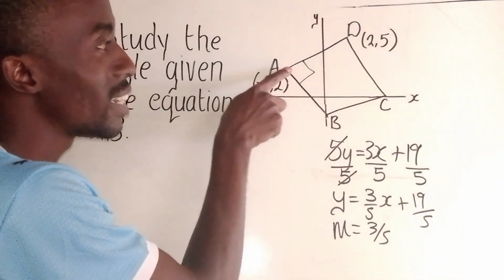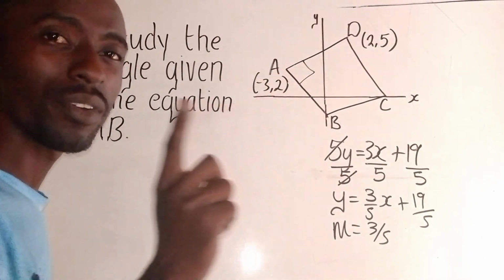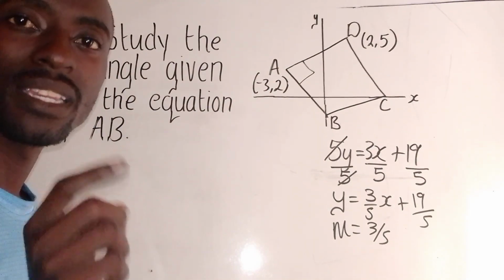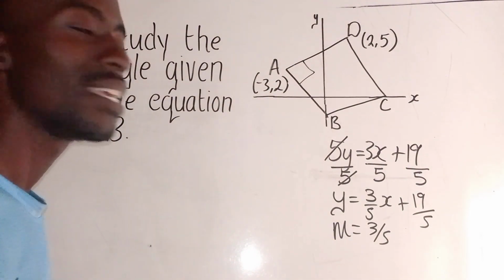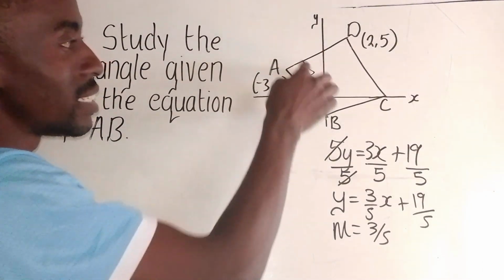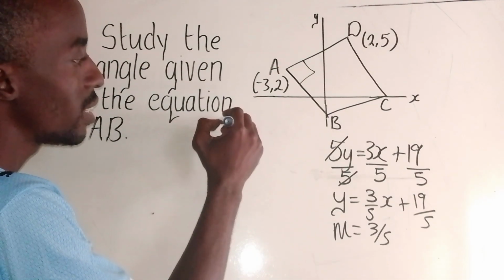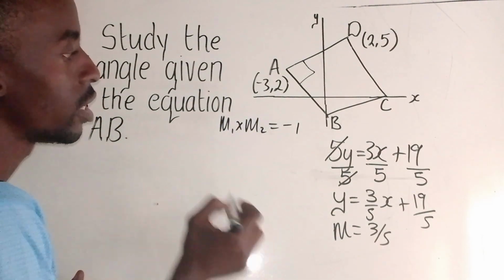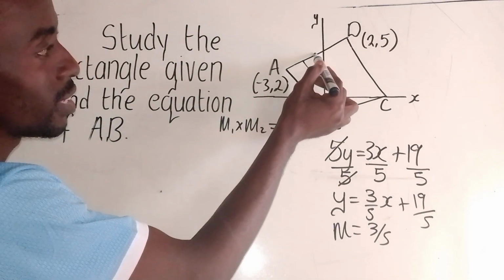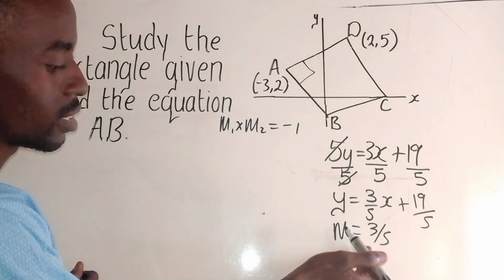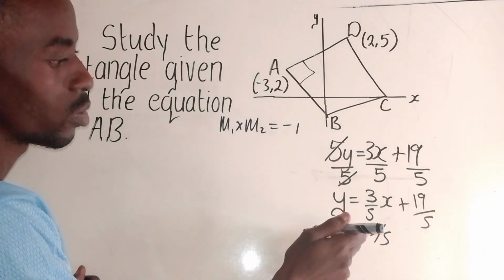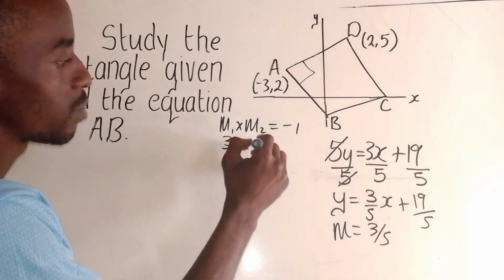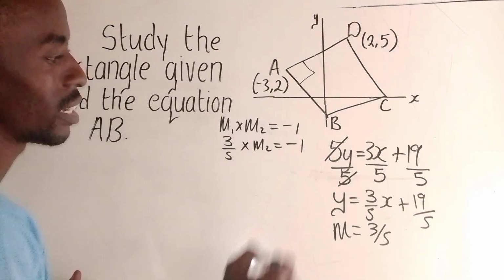Now we need to find the gradient for AB. Remember, line AD and AB are perpendicular, meaning that gradient 1 times gradient 2 is equal to negative 1. Gradient 1 we can think of as this one here, 3 over 5. So here we put 3 over 5 times m2 equal to negative 1.